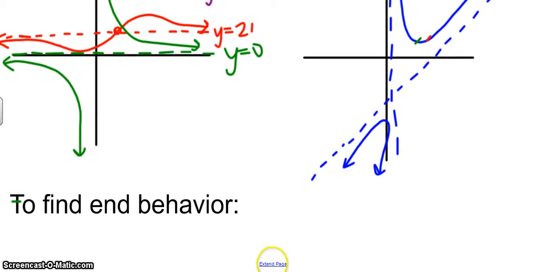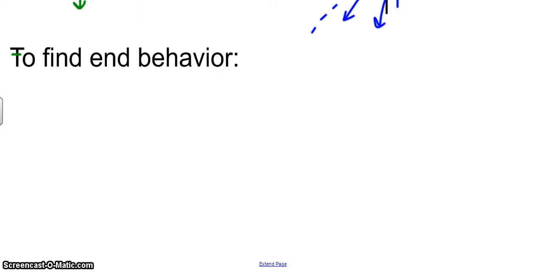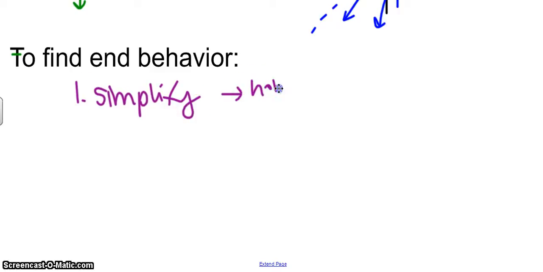So then the question is, how do I find the end behavior of my function? So you want to first simplify the function, just like you would when you are finding holes and vertical asymptotes. So factor the numerator, factor the denominator.